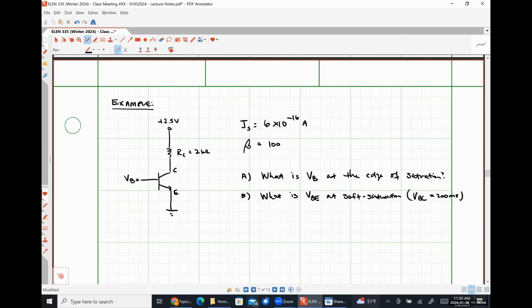All right, so how might we go about solving this thing? One way would be to use our large signal models, which I believe I have expressed to you guys that I feel are asinine and useless.